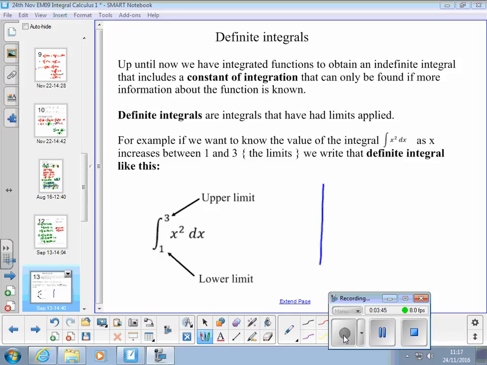Yeah, if we were to graph this, that would look something like that. 0 squared is 0, so that's going to cross the x-axis here. What we're saying when we talk about that integral, the integral is effectively the sum of all the values between those two limits. So we're looking at the limits where x is 1 and x is 3.